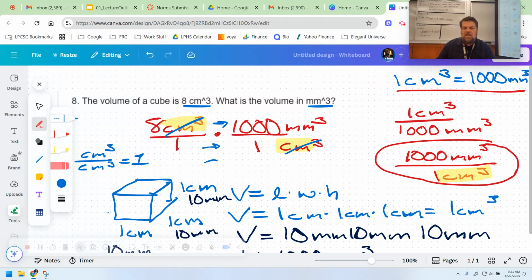So 8 times 1,000 times millimeters cubed is just 8,000 millimeters cubed. Okay. And this was 1 centimeter cubed, right? Which canceled. So this is our final answer.